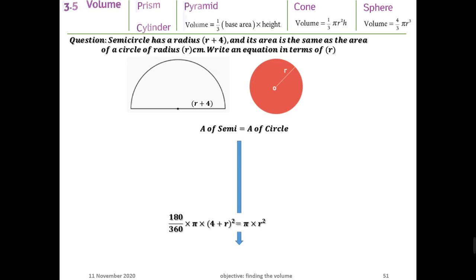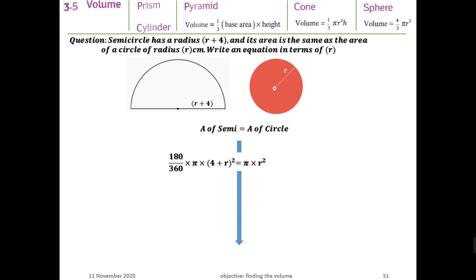So, the angle opposite to the arc of the semicircle is actually 180 degrees: 180 over 360 times pi times the radius to the power of 2.